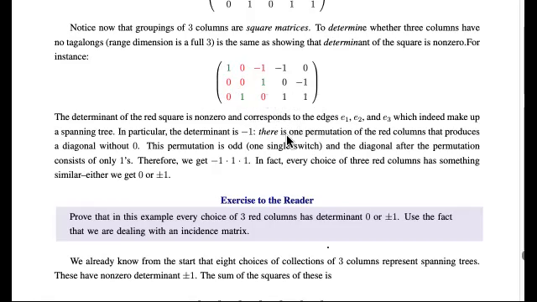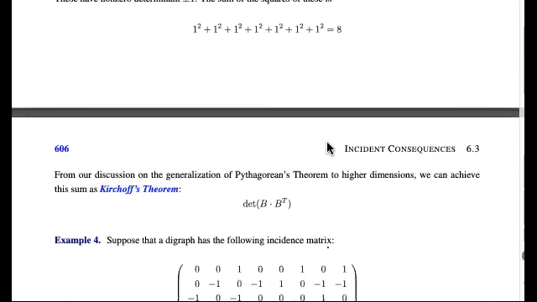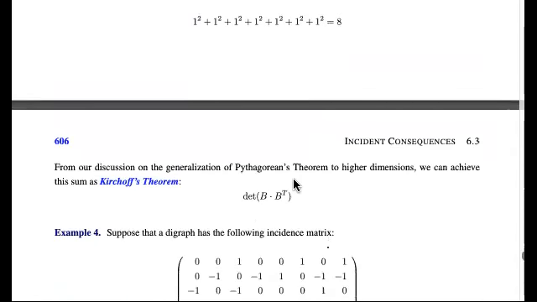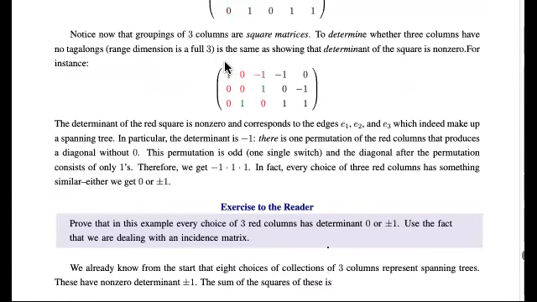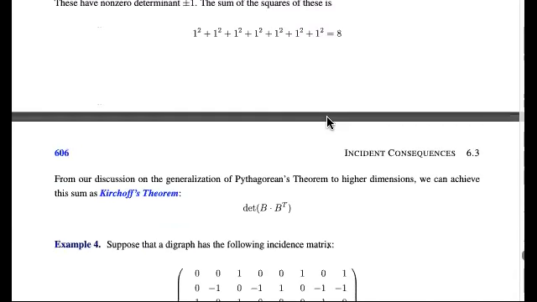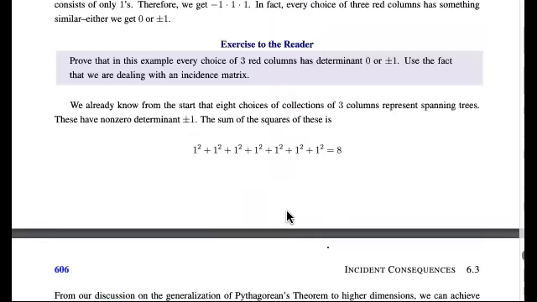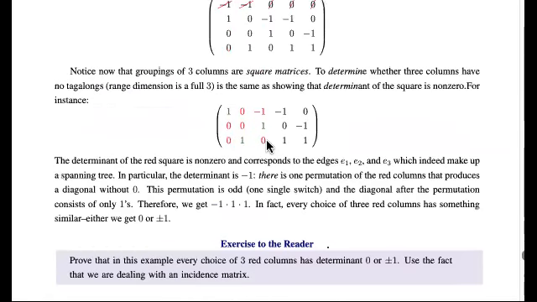But if you recall, the way that we found the area of a parallelogram or a higher dimensional area or volume between different vectors was using this idea. This is like a generalization of Pythagoras's theorem, where we could just take the matrix B, which is kind of like the incidence matrix with 1 row chopped off, and then you take it times its transpose, and it'll be a square matrix, and you do it in a way to get the smaller square matrix out of it, not the bigger one, the smaller one.